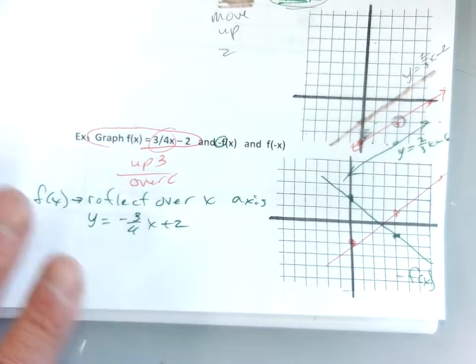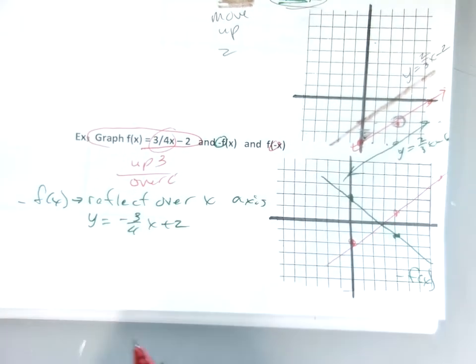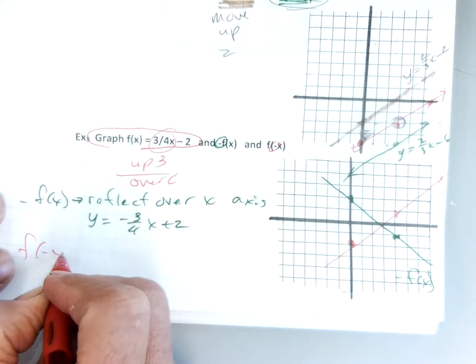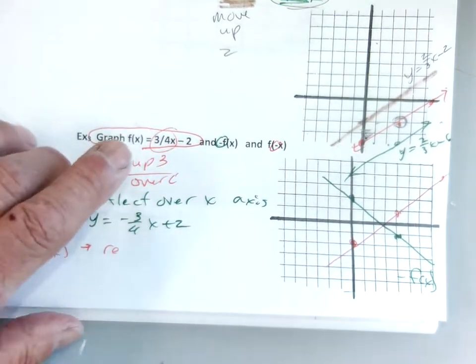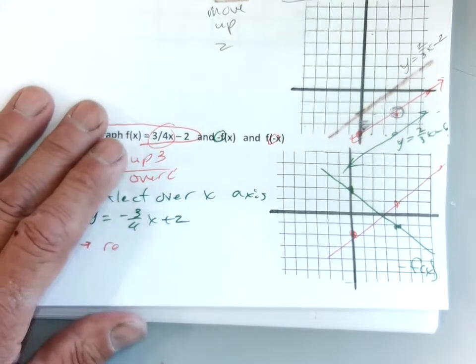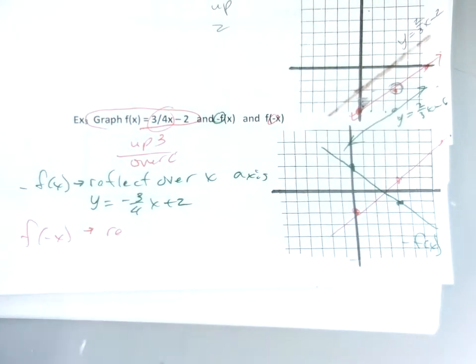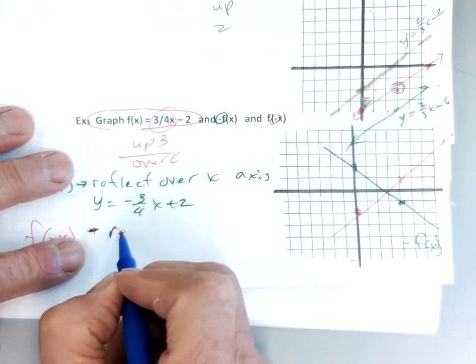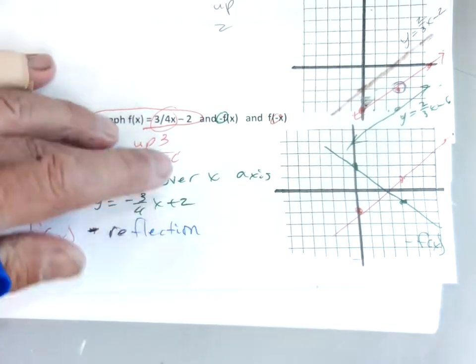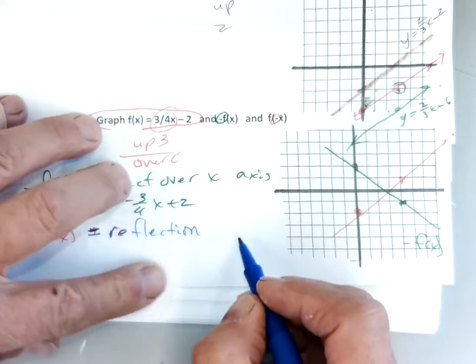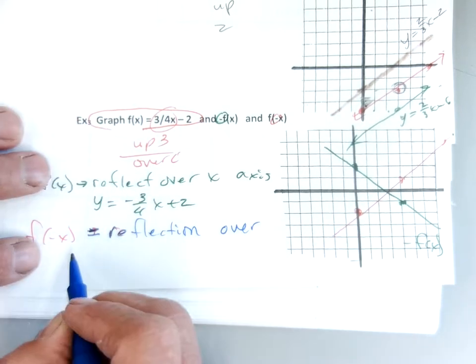Now the other one, with the negative on the inside, we saw in our journal that f of negative x is a reflection. Oh, I want to use a different color. Let's use, what color do I have here? Oh, I got blue. From our journal, it said it's a reflection over the y-axis.